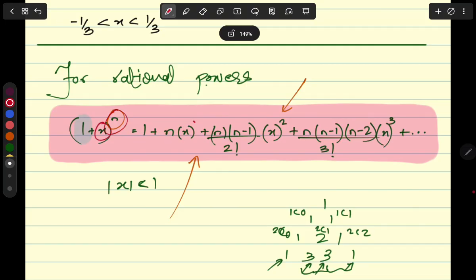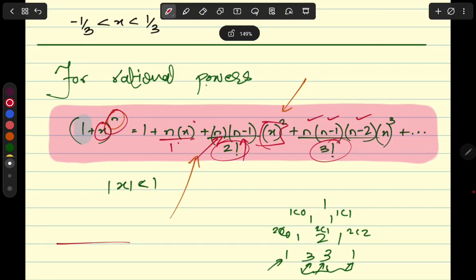The third term is going to be n times n minus 1, and then we do a permutation of that, so we have to take away the permutation, so we divide it by 2 factorial, and x is raised to the power 2. Then n times n minus 1, n minus 2, and then divide by 3 factorial, and so on. So if this is a 7th term, all you have to do is divide it by 6 factorial.